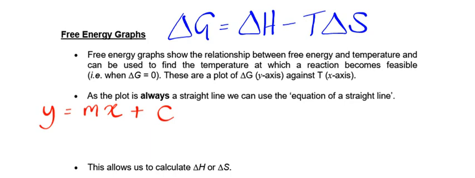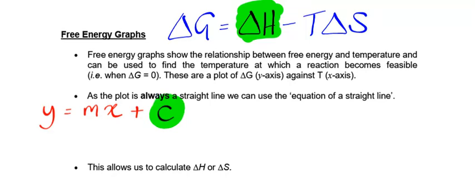We can probably see that the combination, the m with the x, is going to be the T with the delta S, or the minus delta S, which means that on its own is delta H, and this is going to be our c component.